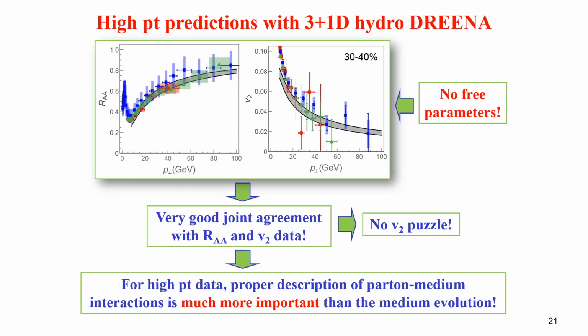And then you obtain a temperature profile, and whatever temperature profile we obtain, we simply plug into our DREENA framework, and then we calculate what is the suppression and what is the v2. So it's Glauber temperature, basically. Glauber, yes, Glauber initial conditions, yes. In this case, it is Glauber initial conditions, yeah.